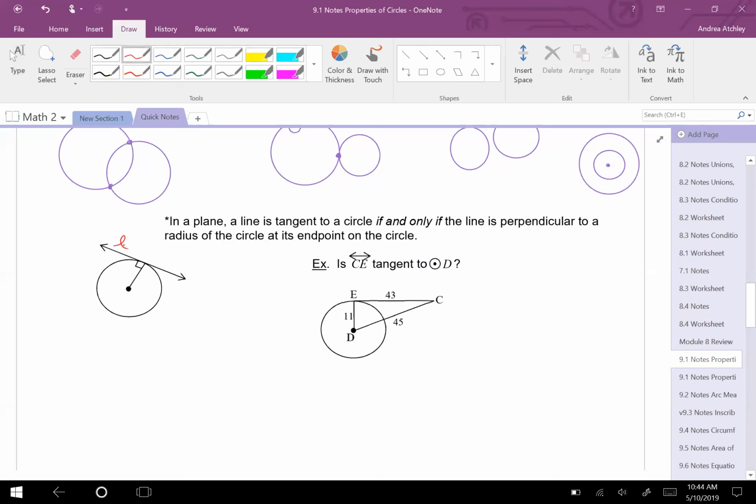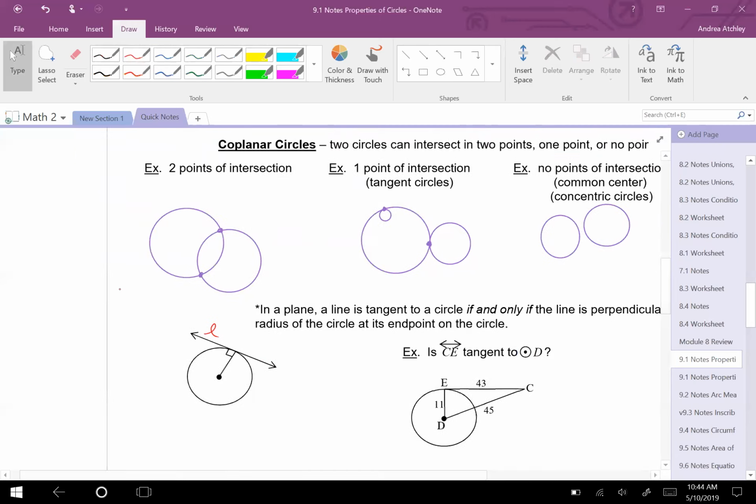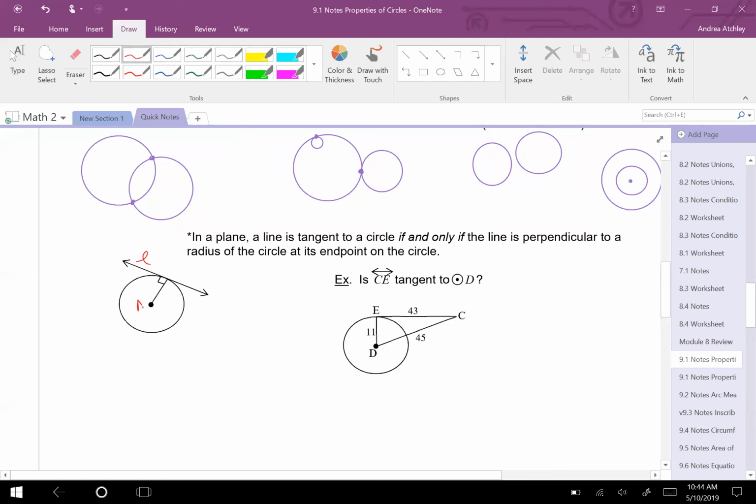And then we'll label this circle A, and this is B. So we'd say if line L is perpendicular to segment AB, then line L is tangent to circle A.